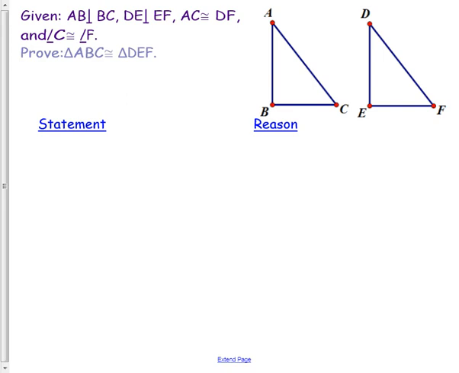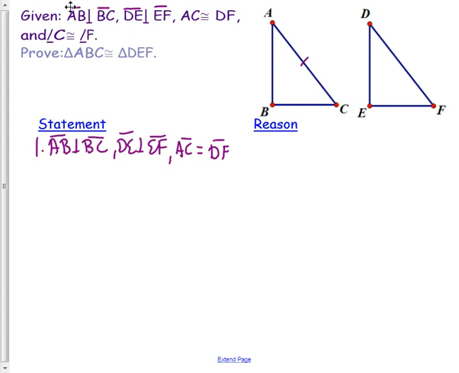So we're given a proof here. We're given that AB is perpendicular to BC, DE is perpendicular to EF, and that AC is congruent to DF.